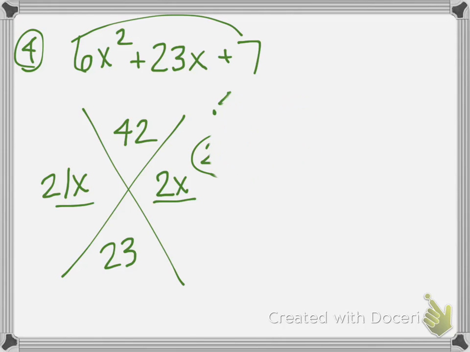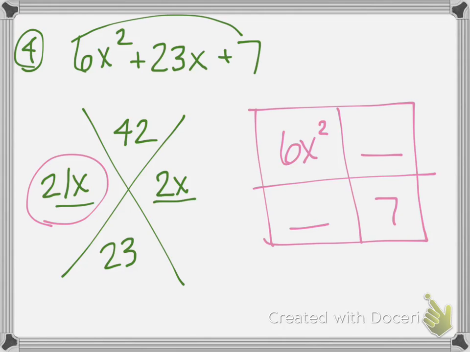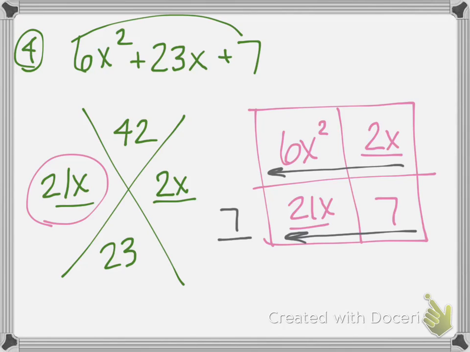Okay, let me erase these, get that out of the way, and we will draw our box. Here we go. So 6x squared, here's the 7, here's what I fill in from these lines, so 21x and 2x. And now let's factor it out. The greatest common factor of 21x and 7 would be 7. The greatest common factor of 6x squared and 2x would have a 2 and an x in common.